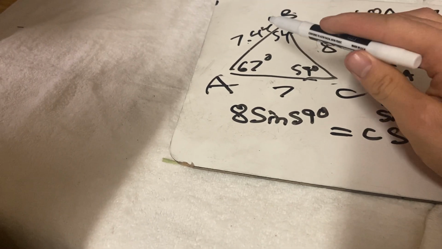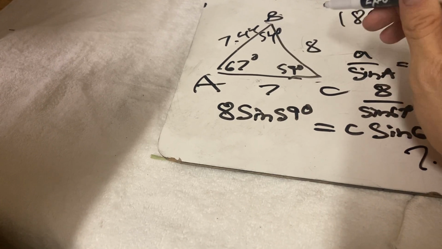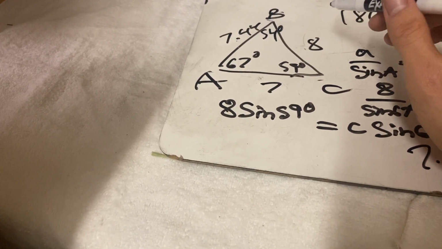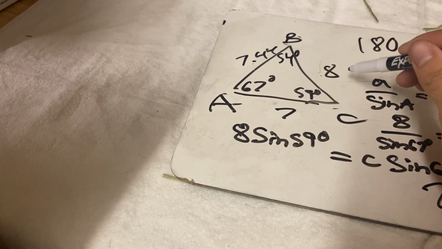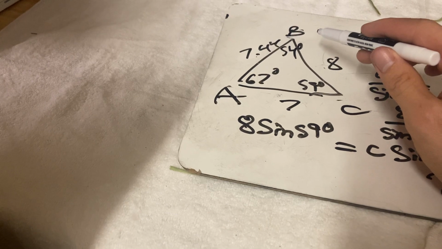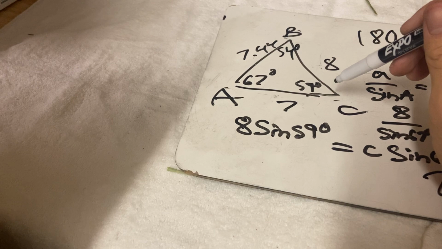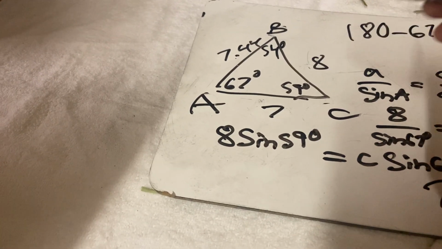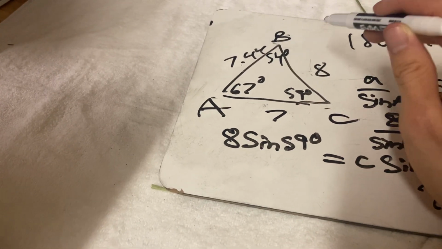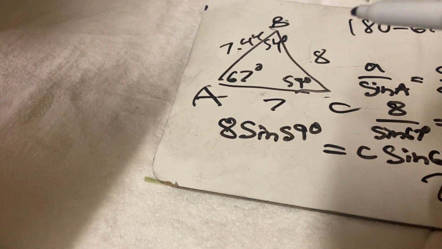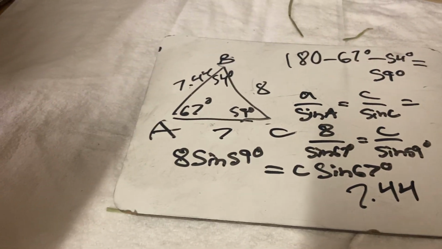So we could see that angle A is 67 degrees, which has the longest length, which is 8, and C, which would be 59 degrees, would have the side length of 7.44, and then B, which would be 54 degrees, would have the side length of 7. Okay, that's how you can check your work. If they don't match, then there's something wrong.